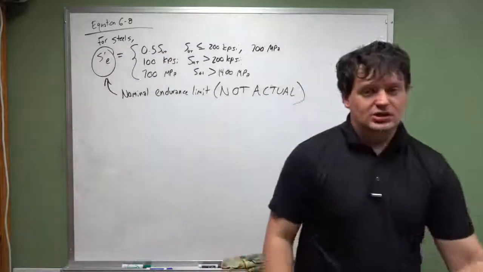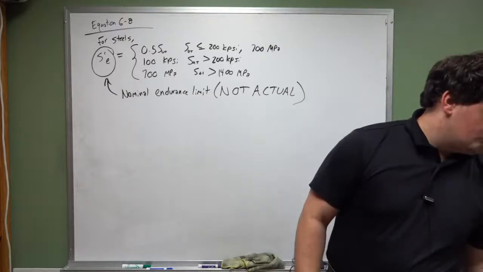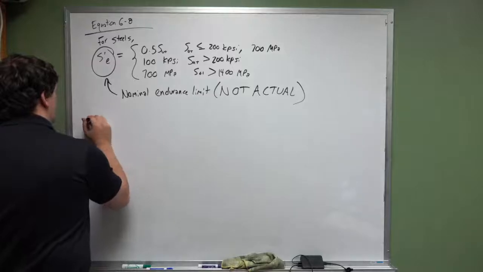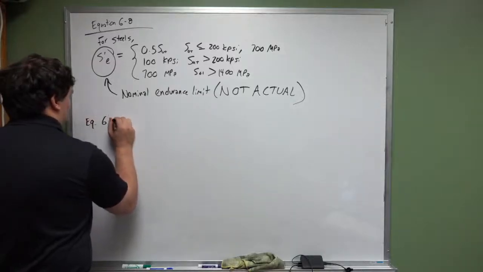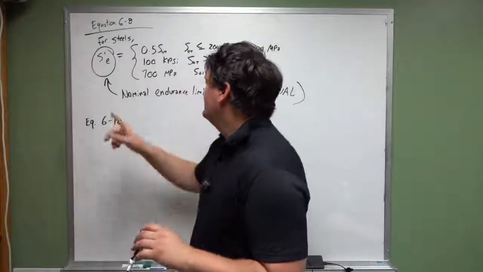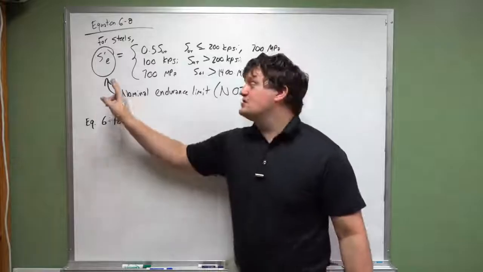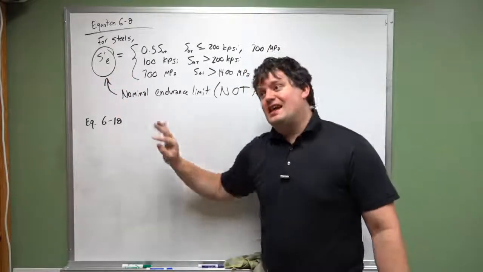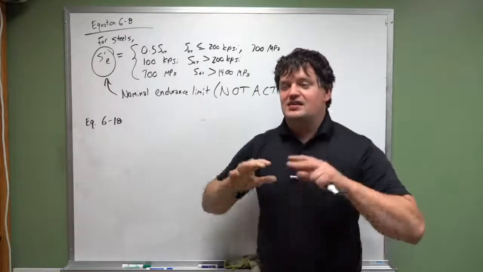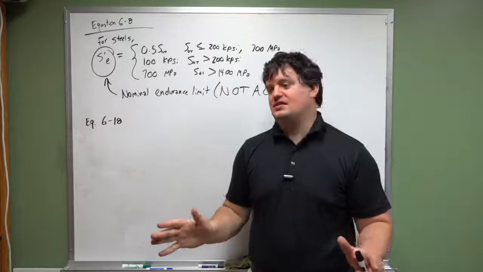The actual endurance limit is given by equation 6-18. And this is an estimate. So this here is a nominal value that we throw out for calculation's sake. Now we're going to use this nominal value to calculate an estimate. It is ultimately stated that the endurance limit should always be tested. You can't actually know what it is unless you test it.